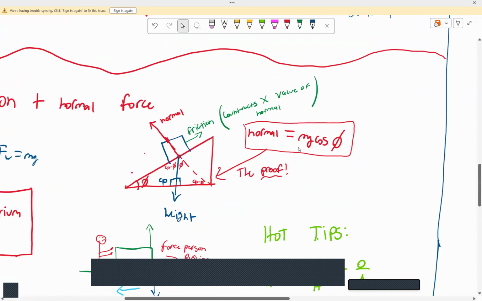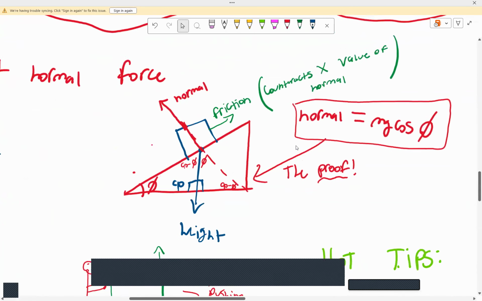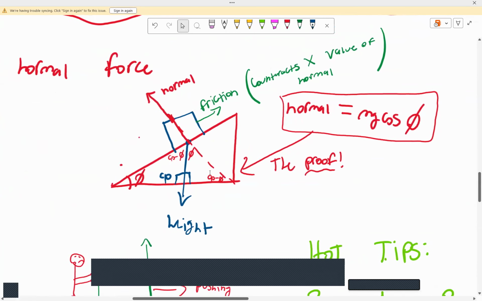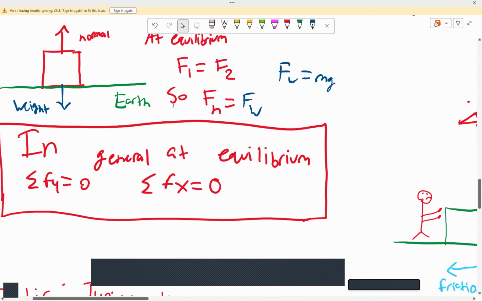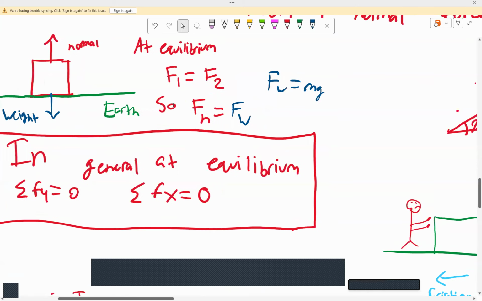Now I have a more complex example. You'll often see this in your physics classes, where you have something on an angle. This is what I come back to for the sum of the forces on the y-axis and the sum of the forces on the x-axis.